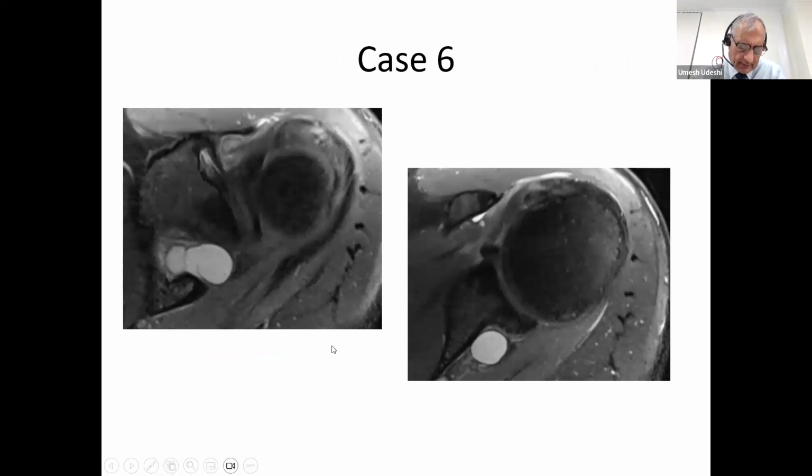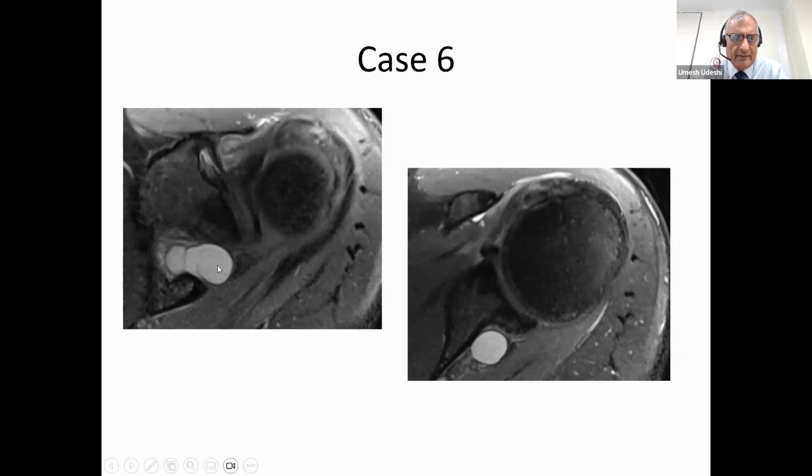Okay, I think this will hopefully be the last case. Axial images, we see an MRI scan of the shoulder. There's a little bit of increased fluid in the subacromial bursa, but there's this round fluid intensity signal just behind the glenoid. And then on a higher slice, it seems to be extending anteromedially.